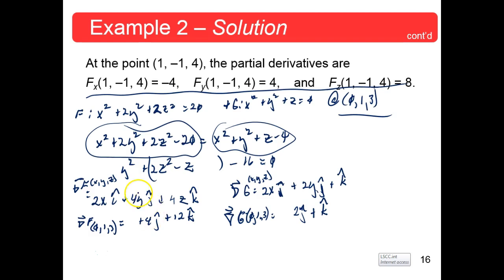So let's do the cross product of, and we've lost both of our i components, so we're basically doing the cross product of those. So gradient of f cross the gradient of g is equal to, and to do this you do i, j, k, repeat the first two again, i, j.